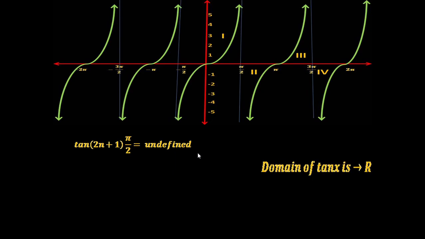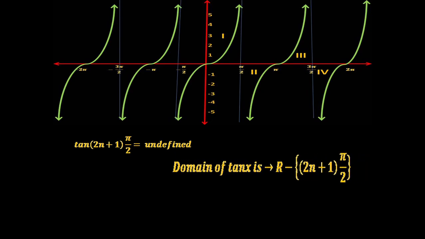Thus we can say the domain of tan x, domain of the tan function, domain means the values of x for which we shall get the corresponding value of tan x. So these values of x for the tan function, that is the domain of the tan function, is all the real numbers but not these odd multiples of pi by 2.